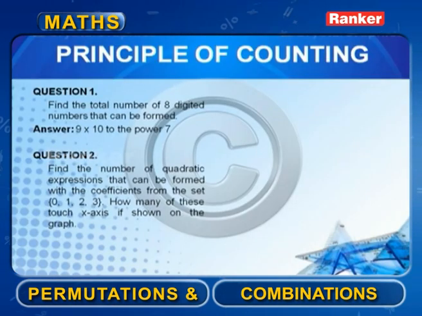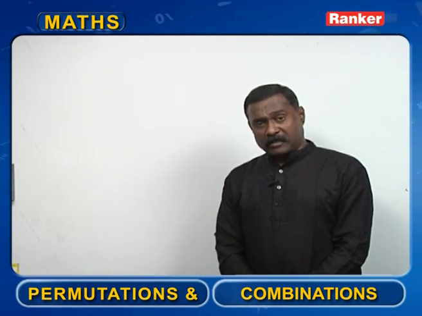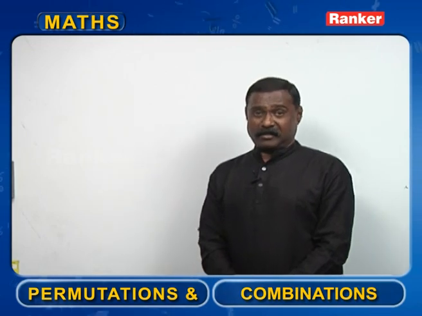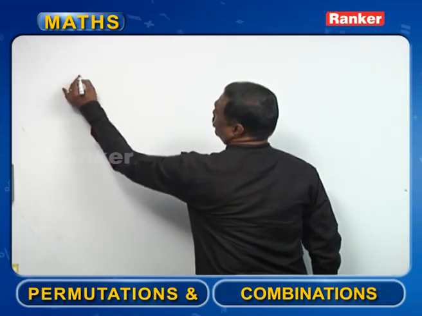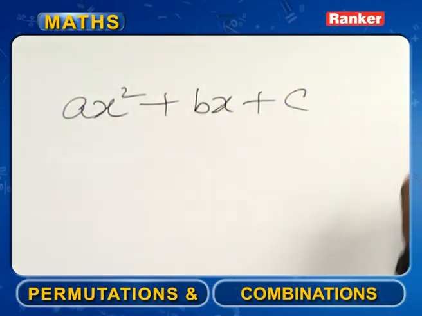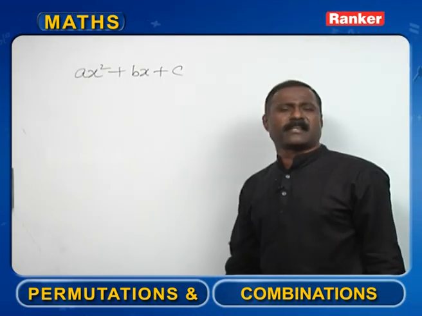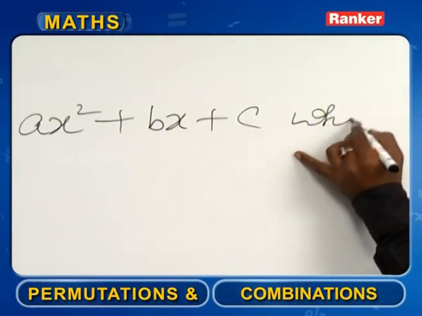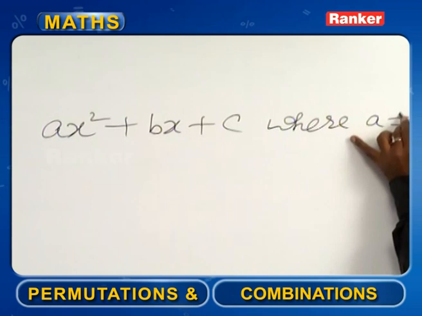So when you come to quadratic expressions, if I ask you what the standard form of a quadratic expression is, everybody says that it is ax square plus bx plus c, but very few say that a is not equal to 0.